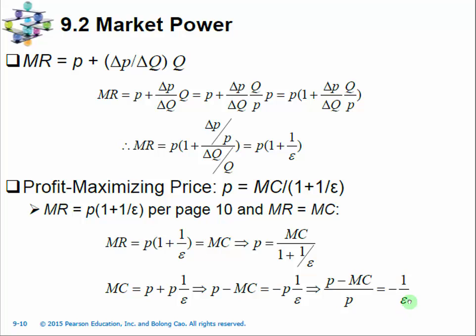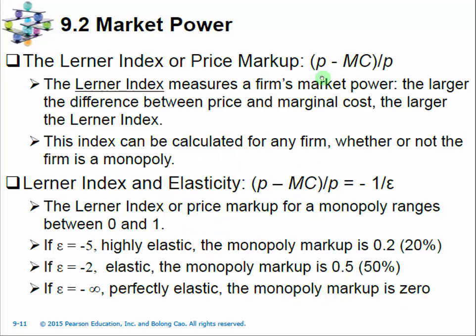So epsilon is less than minus 1, which again makes the inverse of the elasticity of demand between 0 and 1. That means there is a markup on top of the marginal cost. And this is what the Lerner Index is measuring.